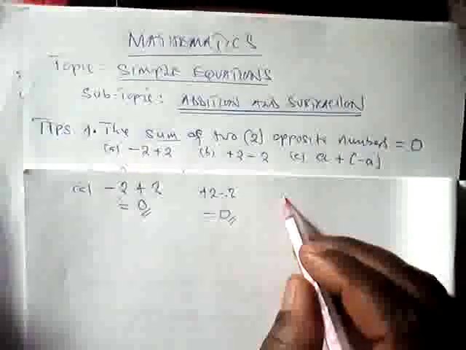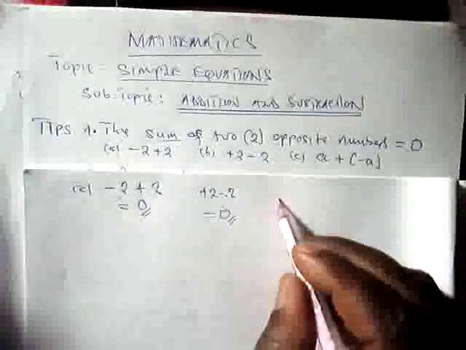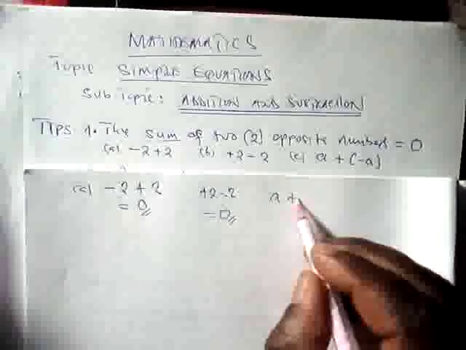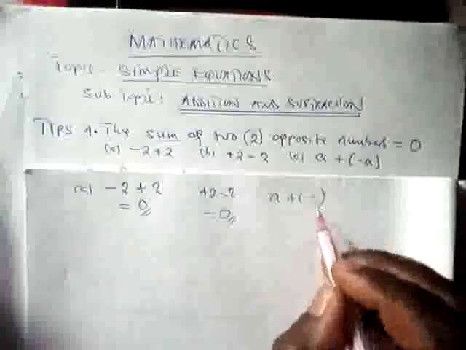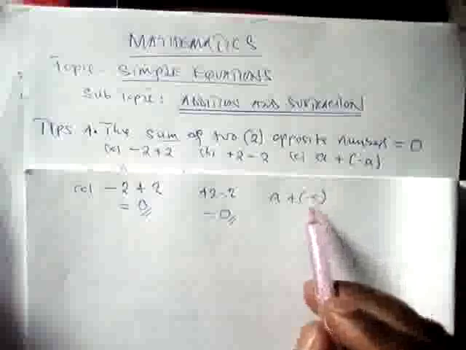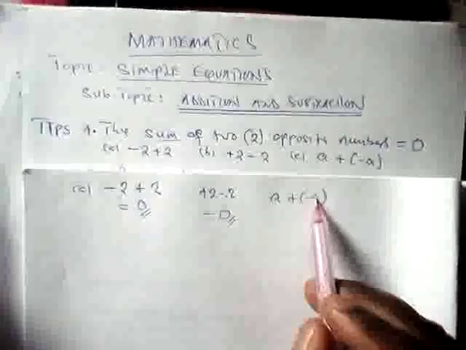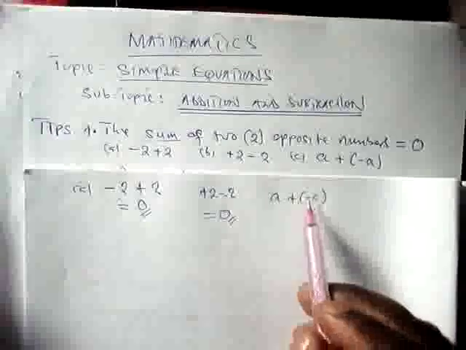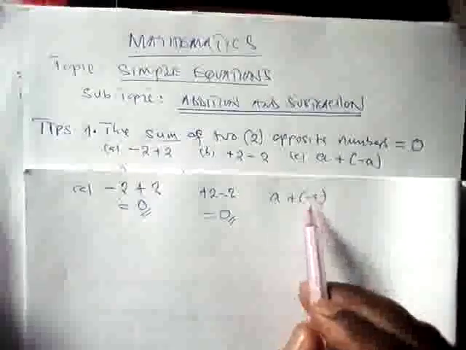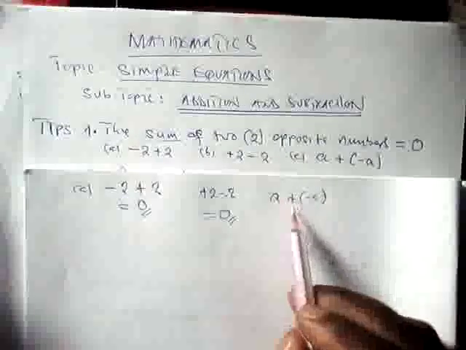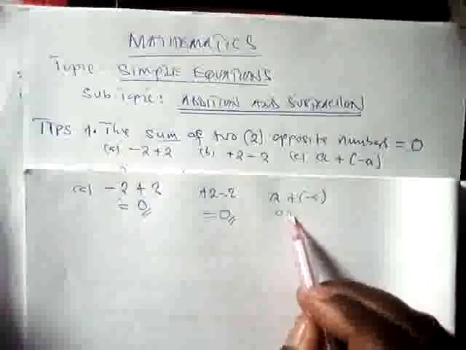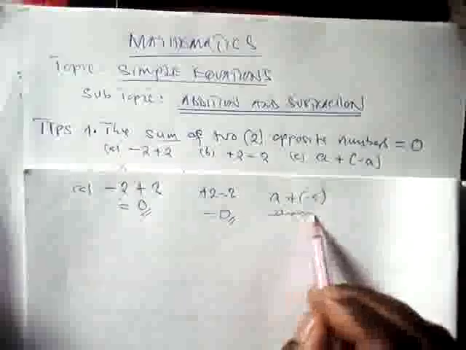Then what of algebra? Letters. So A, which is positive, plus negative A. Once you see brackets like this, what we multiply are their signs, not the letters or numbers. Some of you are changing this and bringing in A times A. This is not the way it is.